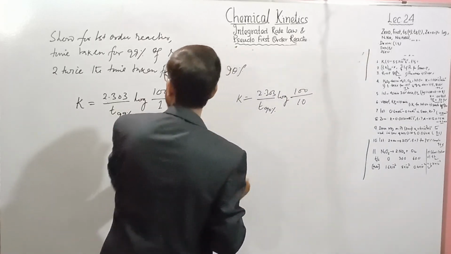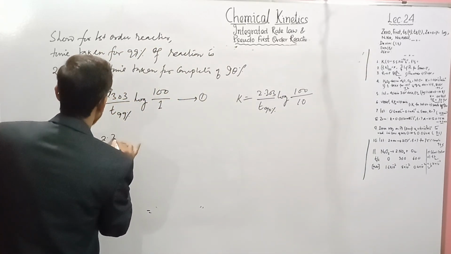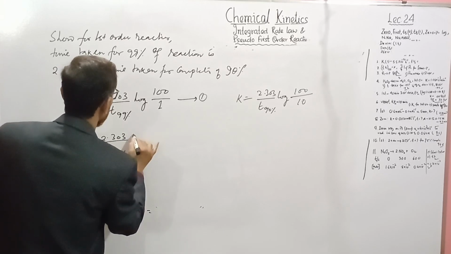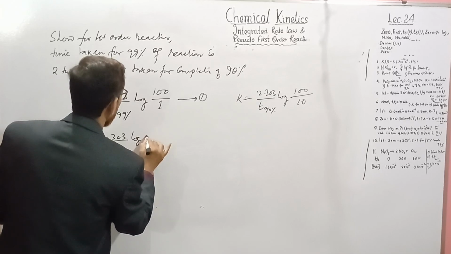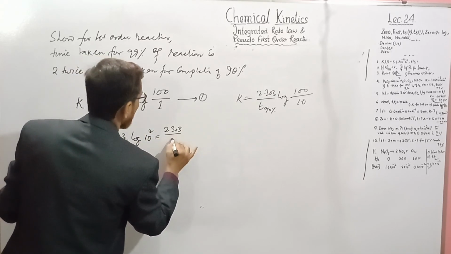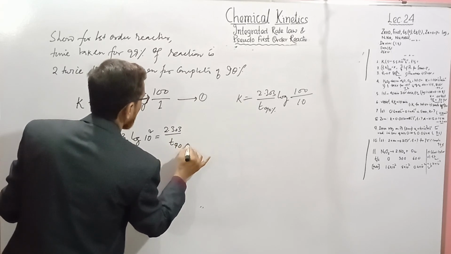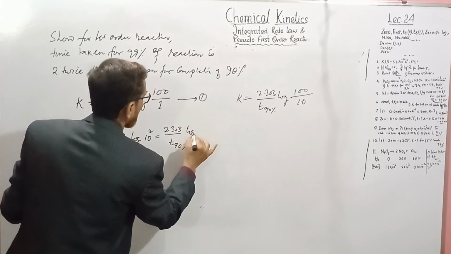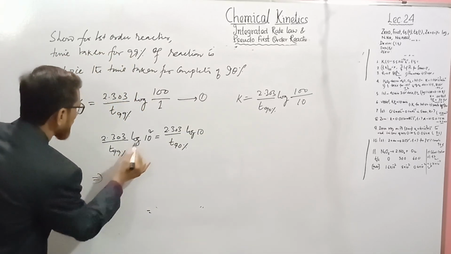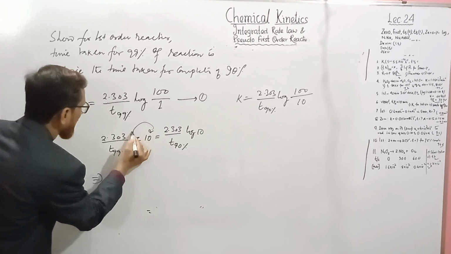So if you compare these two, you are getting 2.303 divided by T of 99%, log 10 square, equal to 2.303 divided by T of 90%, log 10. So this is equal to 2. The 2 coefficient comes here. Am I right?